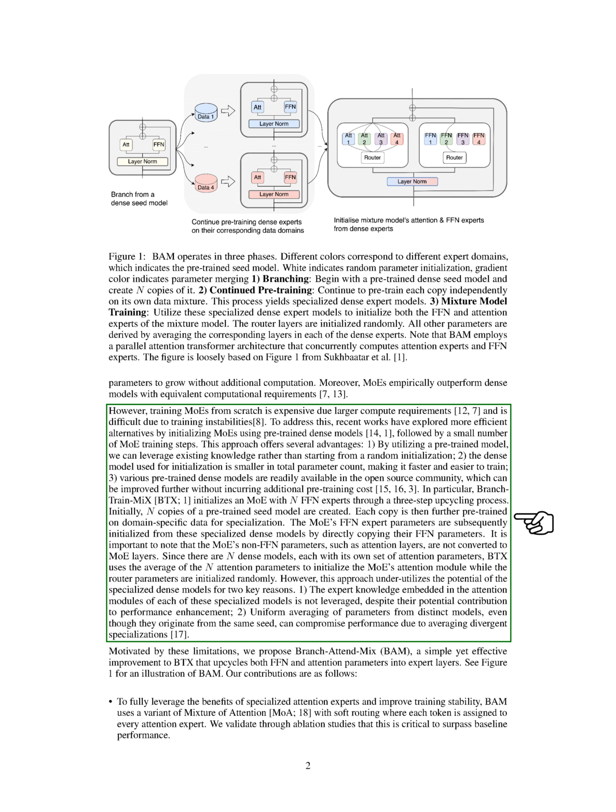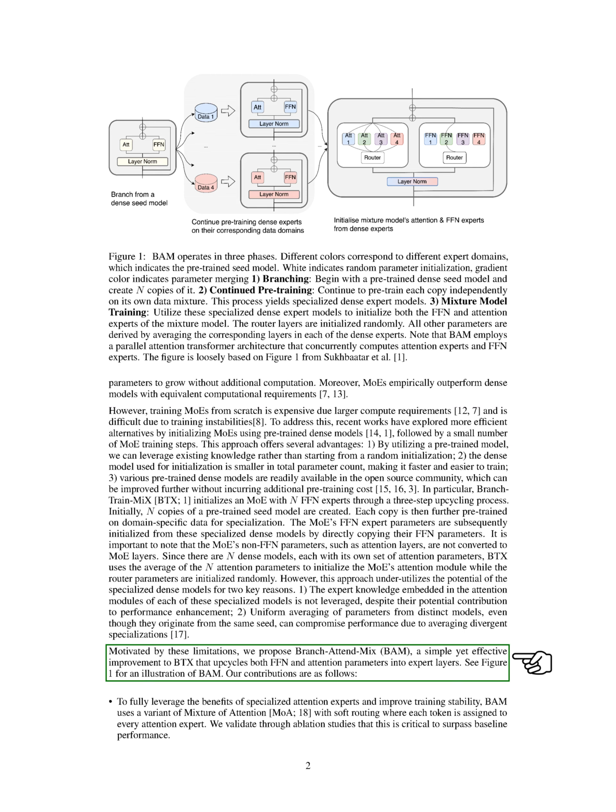Instead, we average the attention parameters from the dense models to initialize the MOE's attention module, while the router parameters are set randomly. This method, however, does not fully utilize the specialized models for two main reasons. We miss out on the expert knowledge in the attention modules, and averaging parameters from different models can dilute their unique specializations.